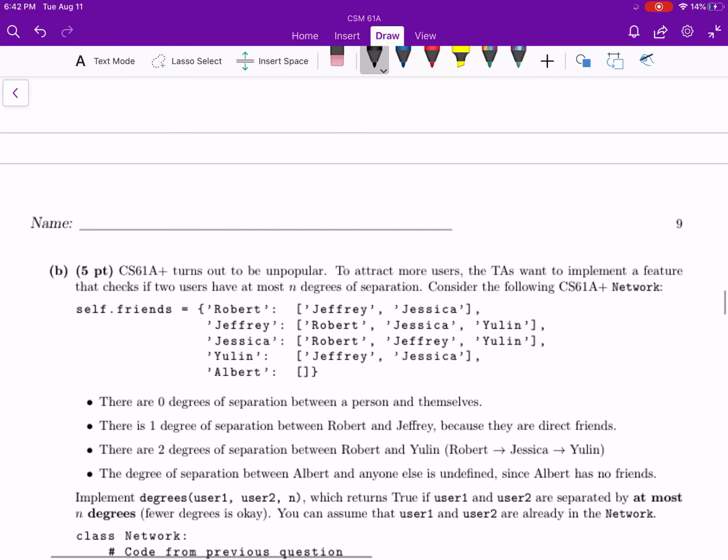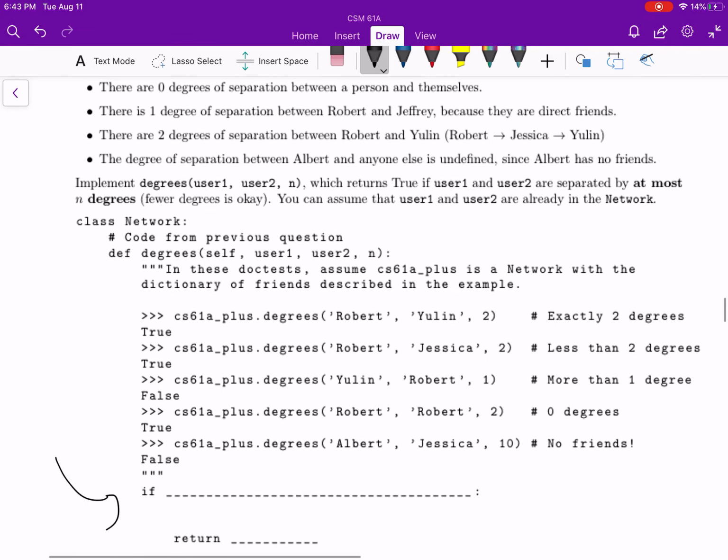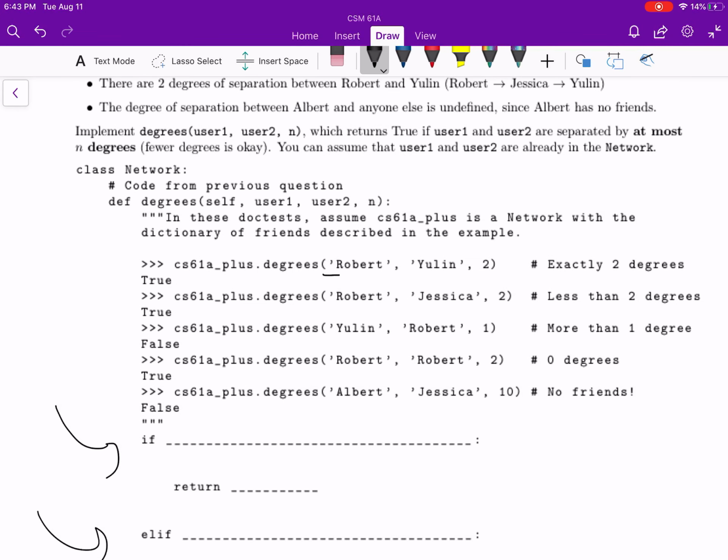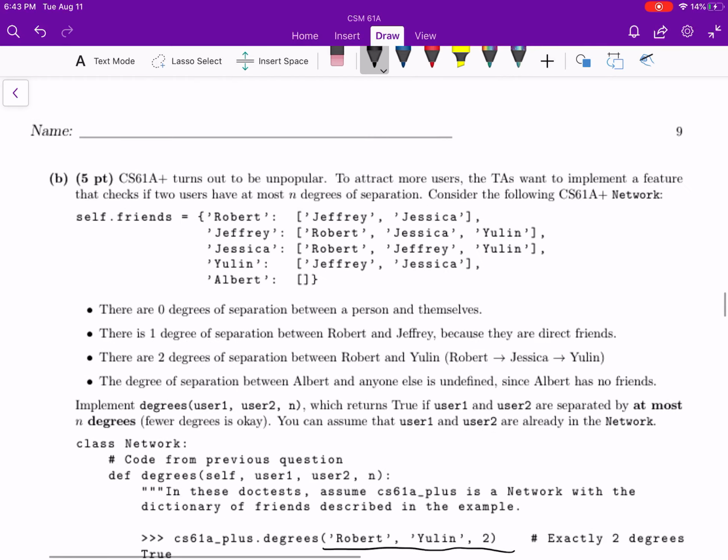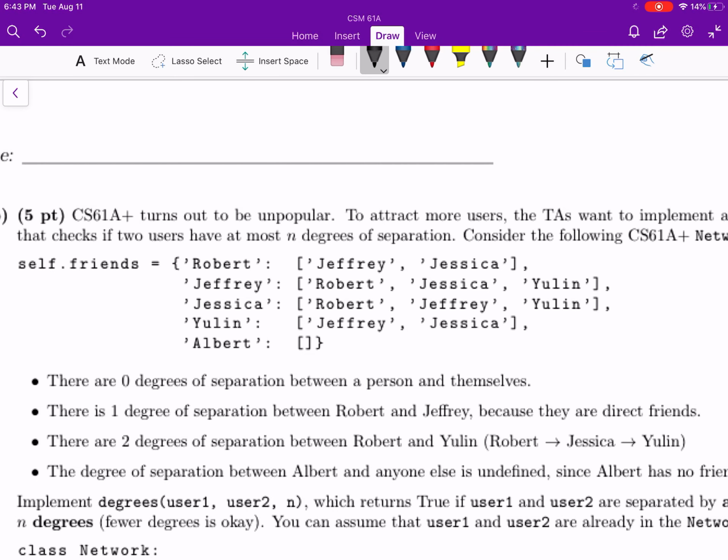If I were to try to solve this as a human, say the base case between Robert and Yulin, 2, then I'd say, okay, first, maybe I can look in Robert's friends. Yulin isn't in Robert's friends, but maybe then I'll look at the friends of Robert's friends, so Jeffrey's friends. And Yulin is in Jeffrey's friends, so that means that we found 2 degrees of separation.